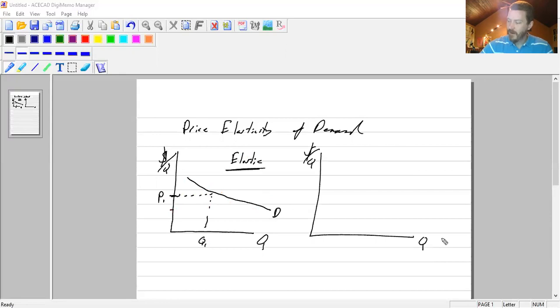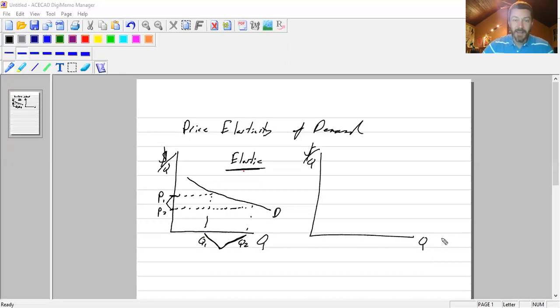If we drop price by a given amount to P2, then here's the quantity demanded. So this drop in price led to what I'm calling a relatively large change in quantity demanded. You see that? We have a relatively small change in price on this axis, and over here we have a relatively large change in quantity demanded correspondingly. So this is a relatively elastic demand curve.